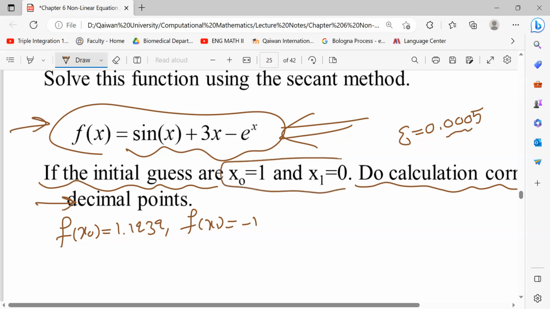Now, what x should you find? x0 is given, x1 is given, so what's the next x? It is x2.